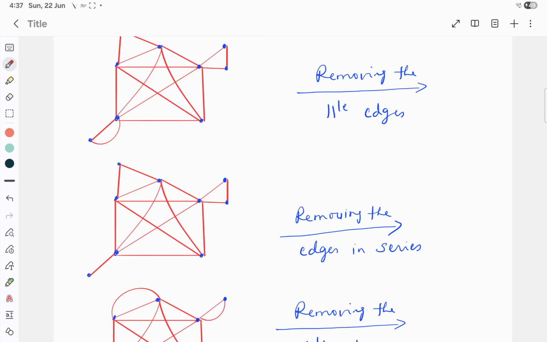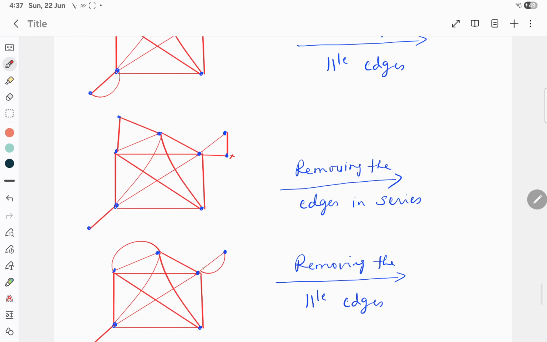See, you have an edge connecting these two vertices through this vertex, right? So we call this edge and this edge in series, and that can be removed. So this vertex can be removed and we get a single edge. Similarly, this is a vertex, this is an edge in series, and that can be drawn as a single edge.